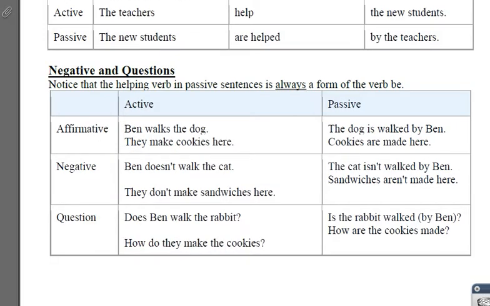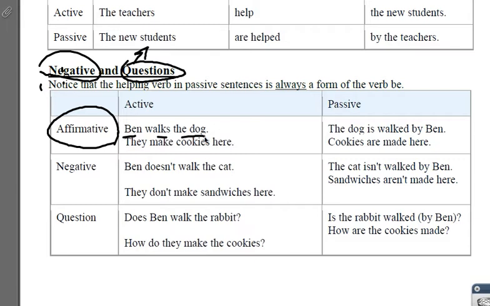Now let's move to another part of this tense. Okay, we talked about the affirmative statements. Now let's deal with the negative statements and question statements. Okay, so affirmatives, as I told you, Ben walks the dog. So this is present. So the passive form is the dog is walked by Ben.